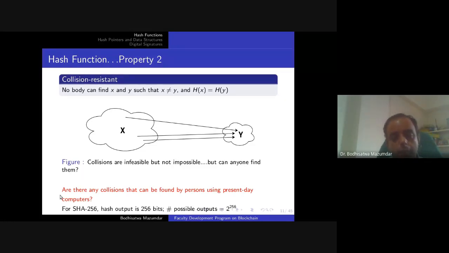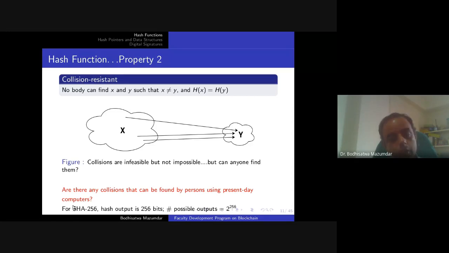The question now arises: are there any collisions that can be found by persons using present-day computers? For instance, the conventional hash function used in the conventional blockchain system is SHA-256.